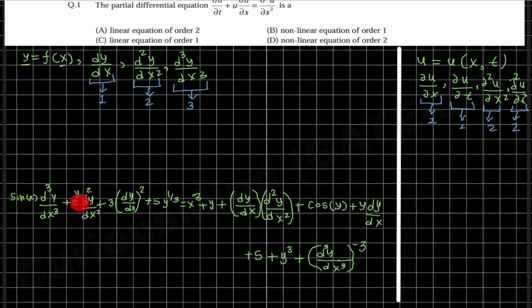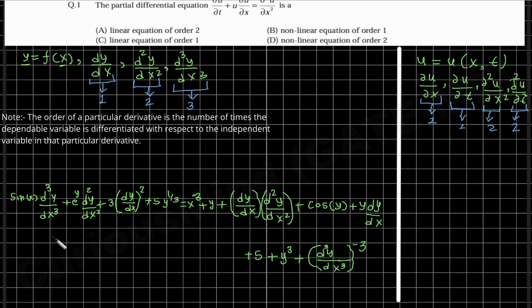In this exact differential equation, we will begin by highlighting the order of each derivative present in it, using the fact that the order of a particular derivative is the number of times the dependent variable is differentiated with respect to the independent variable in that particular derivative.